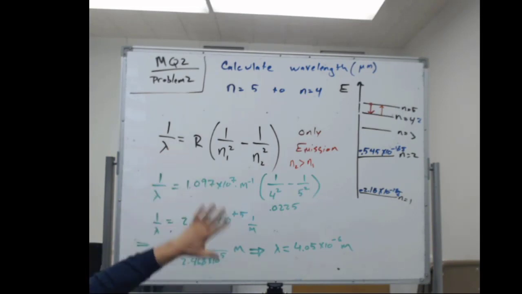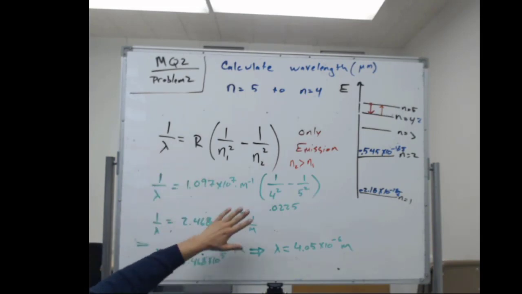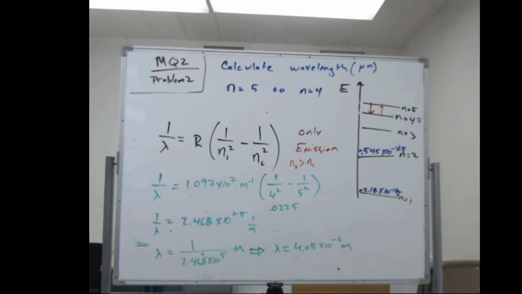But this one, as long as we're dealing with emission, and as long as N2 is bigger than N1, works great. It's a little bit simpler even. But I feel like it misses out on the atomic understanding of what's going on. This does both the steps we talked about in one quick step, but it's really easy to lose track of the physics that are going on there. Does that make sense too?